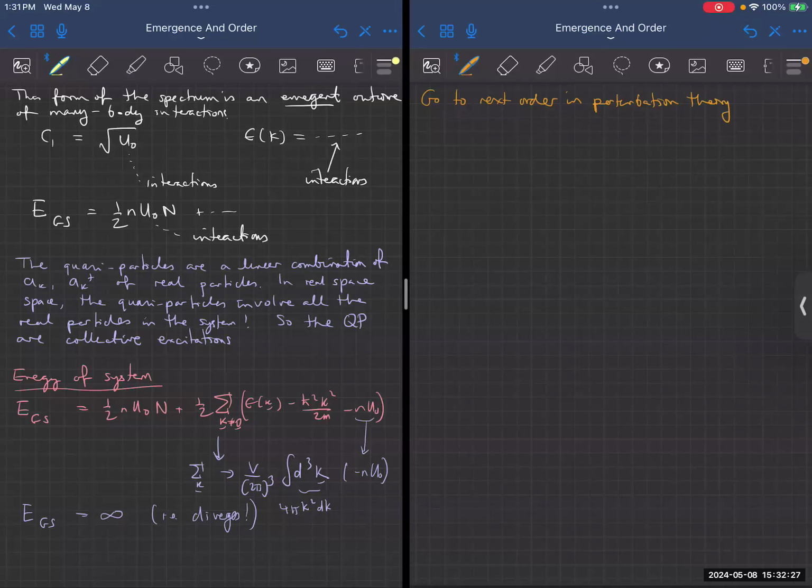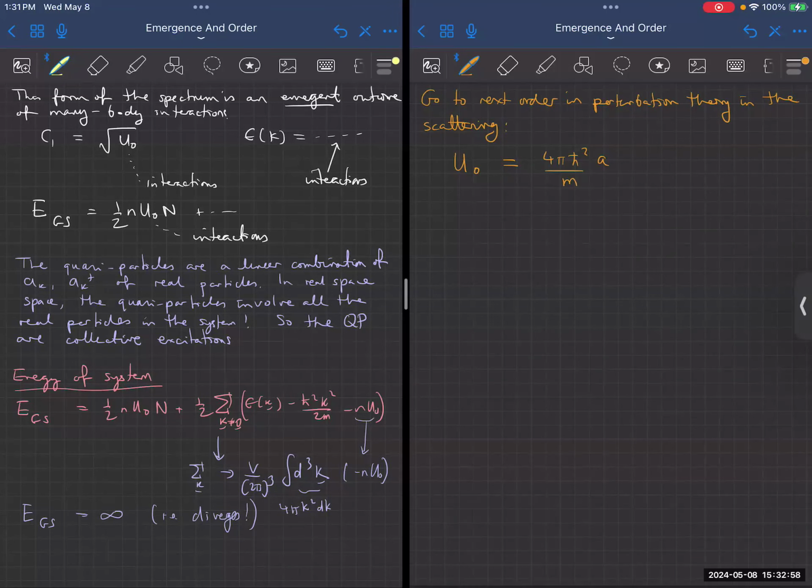When I'm saying next order in perturbation theory, what I mean is next order in scattering theory. So this is really quite non-trivial. So remember what we had seen before, that the pseudo potential looked like this: 4 pi h bar squared a over m.